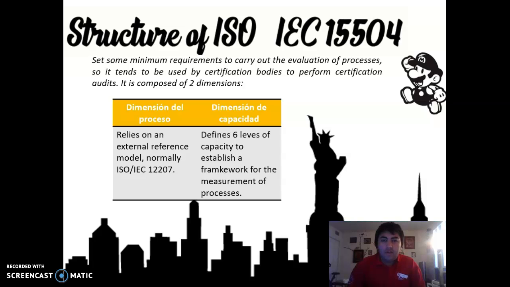So now we have the structure of ISO/IEC 15504, which sets some minimum requirements to carry out the evaluation of processes. It tends to be used by certification bodies to perform certification audits. It is composed of two dimensions.